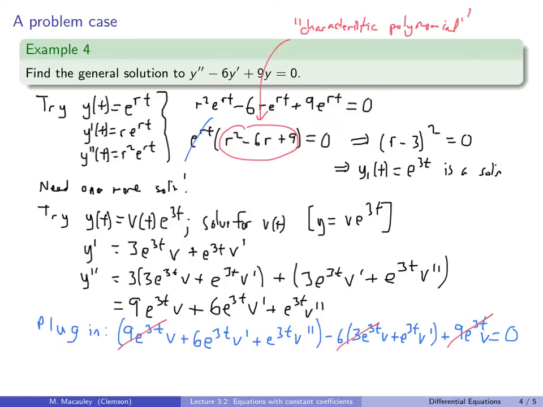Okay, what else do we have? How many v primes do we have? We have 6 e to the 3t v primes here, and negative 6 e to the 3t v primes here. Those will cancel. And all we're left with now is e to the 3t v double prime equals 0.